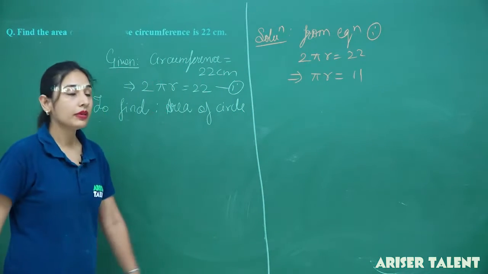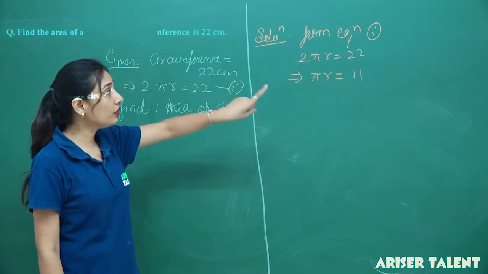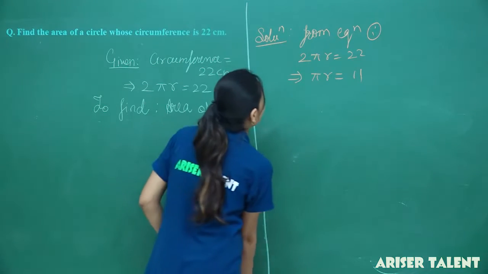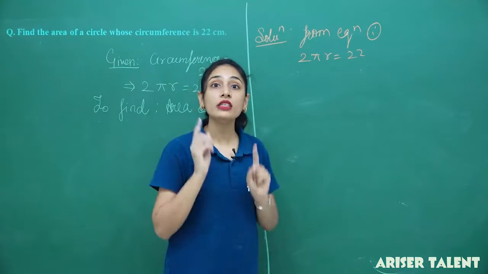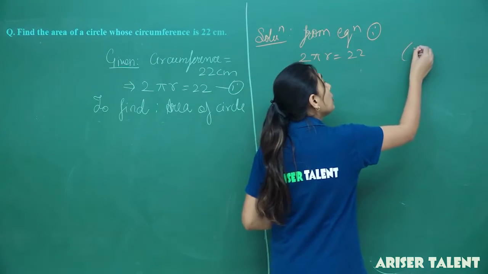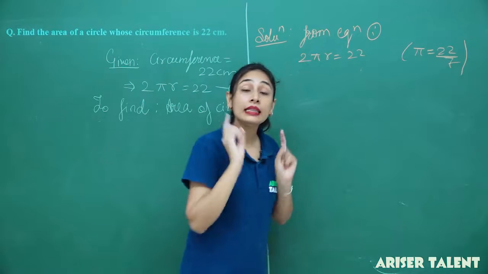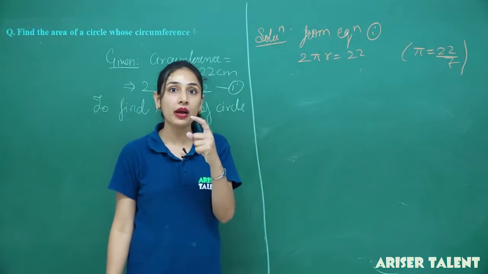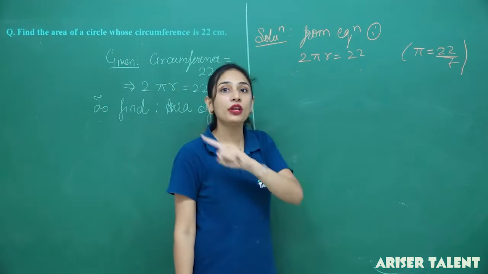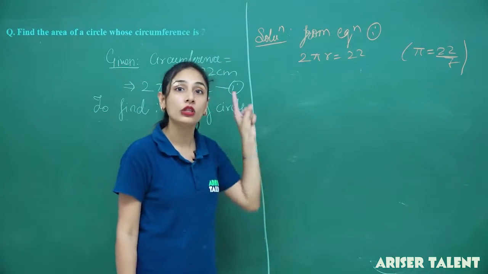11, isn't it? Now about the value of pi: you will always take the value of pi as 22 by 7, unless otherwise specified. If you are given a particular value of pi in the question, you will use that, but if you are not provided with that, you will use 22 by 7 only.